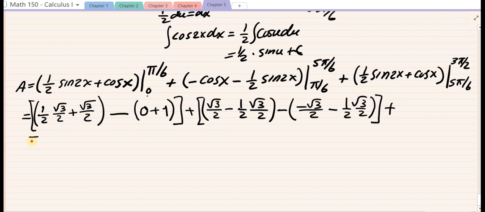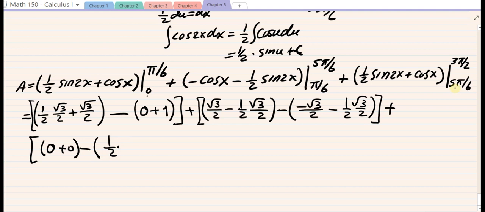Plus, oh my. And the upper limit is, this will be easier, 3 pi over 2. Sine of 2 times 3 pi over 2, that's sine 3 pi. So that first part is 0. And then cosine of 3 pi over 2 is 0. Plus 0 is 0 minus 1/2 times sine of 5 pi over 3.